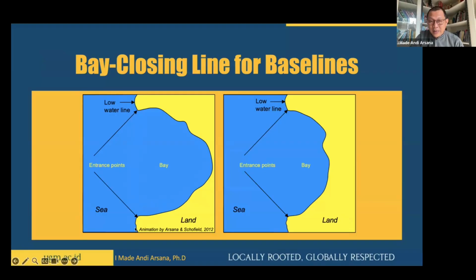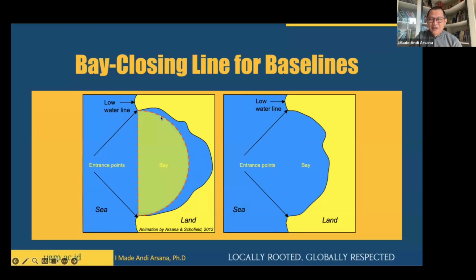Now, the question is, when can you close the mouth of bays as a baseline? There are two criteria here. First, it has to be no longer than 24 nautical miles. And the second criteria is that the area of this semicircle is smaller than the area of the bay itself. The illustration will look like this.